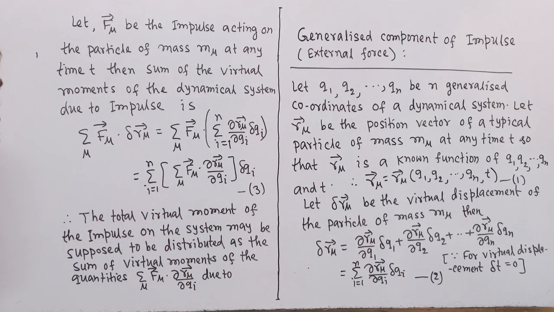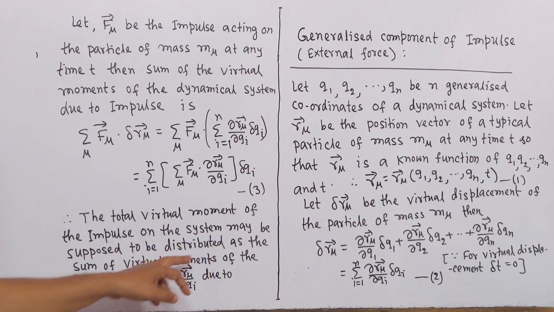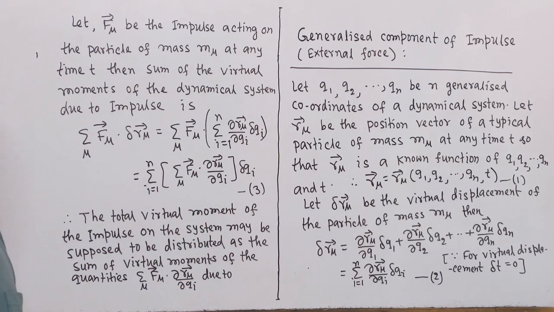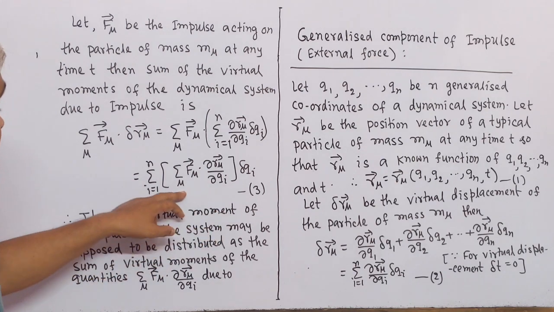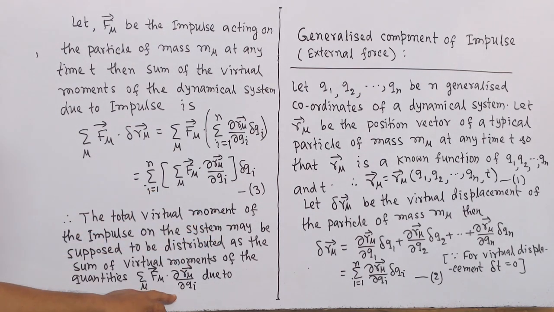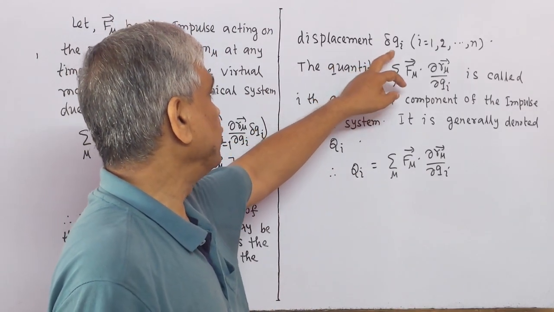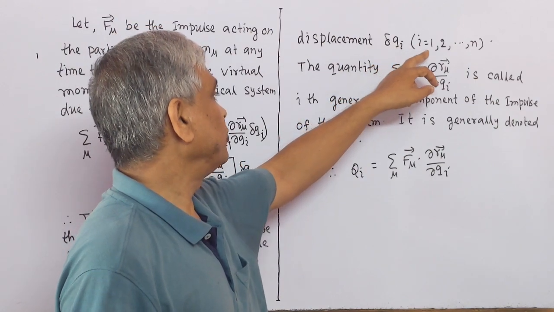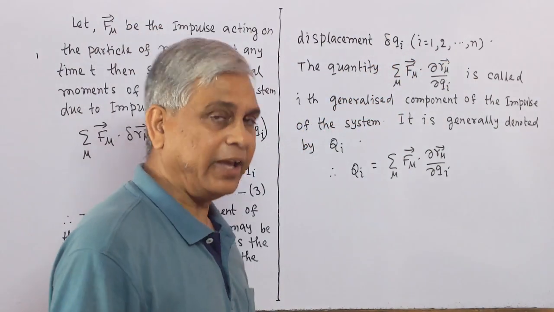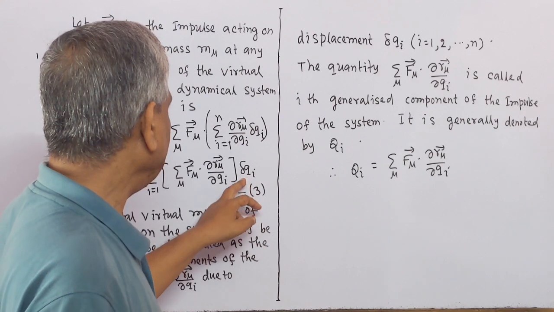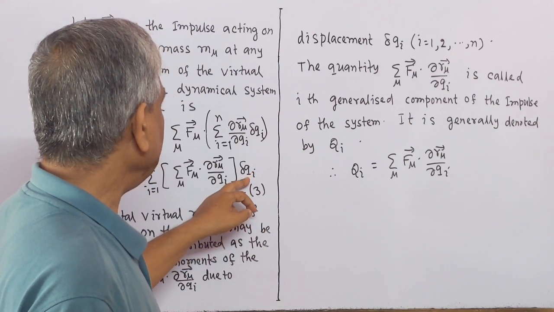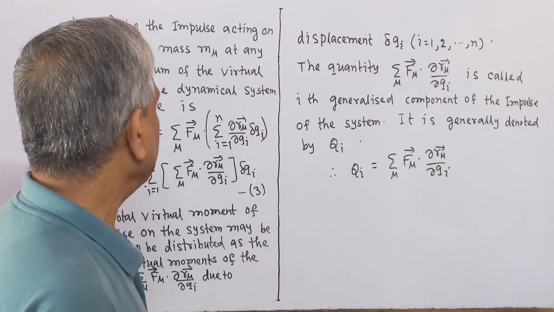So the total virtual moments of the impulse on the system may be supposed to be distributed as the sum of the virtual moments of these quantities. We write here due to displacement delta qi, i equal to 1, 2, dot dot dot n. Delta qi is the generalized virtual displacement.